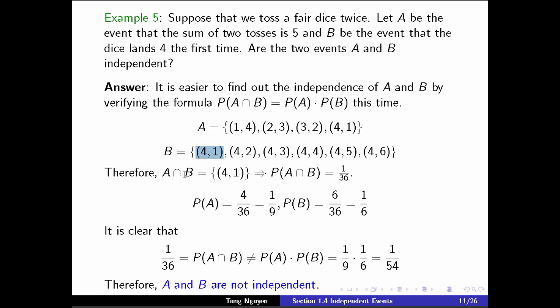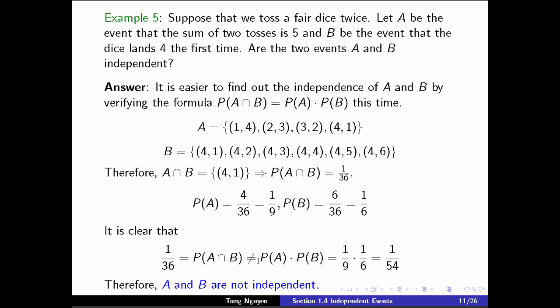So since A intersect B has only one element, the probability of A intersect B is the number of favorable outcomes, which is 1, over the number of all possible outcomes, which is 36. So we have 1 over 36. Then P(A) will be 4 over 36, which is 1/9, and the probability of B is 6 over 36.